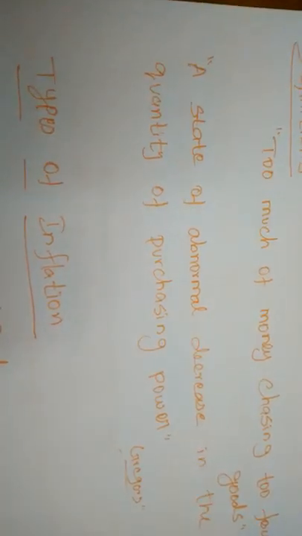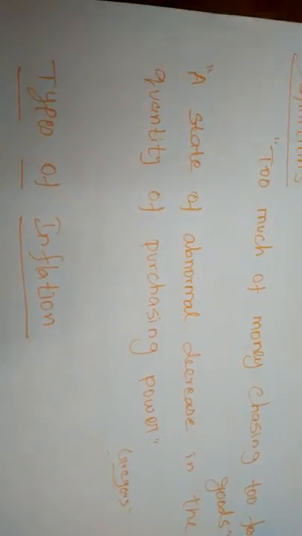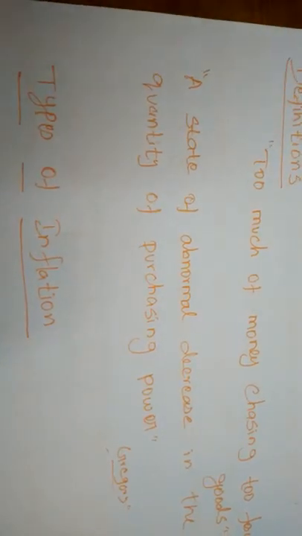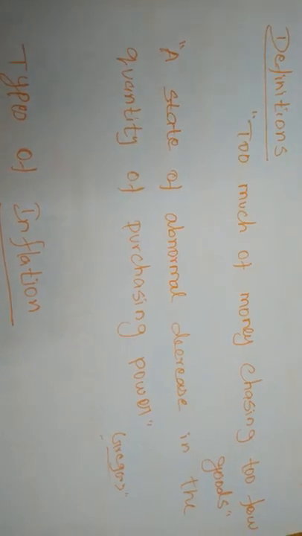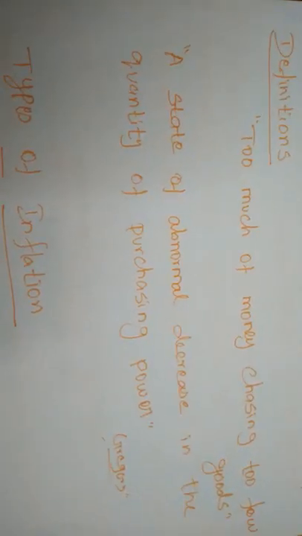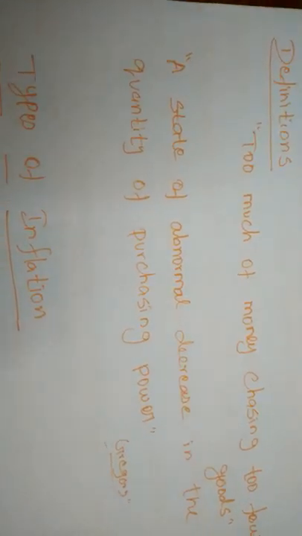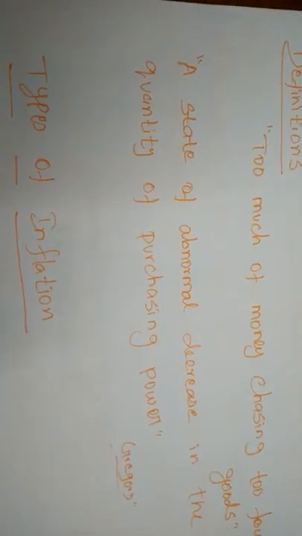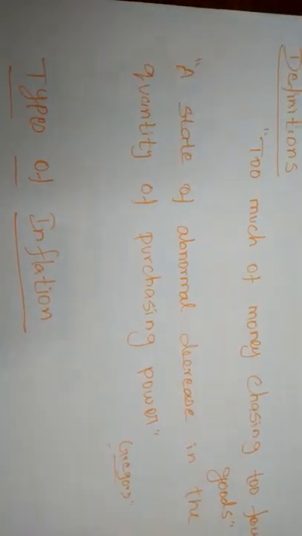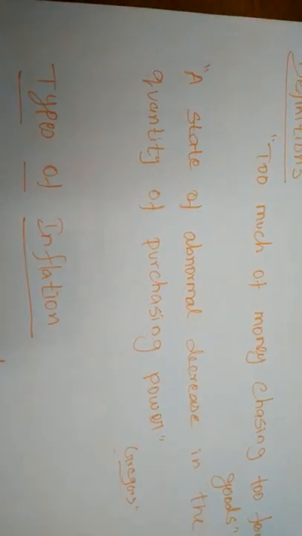If your monthly income is just 10,000, and there is no change in your monthly income, but every month the price of one commodity is increased, what will happen? You cannot purchase more commodities, right? So in your income there is no change, and the price of the grocery items is increased every month.